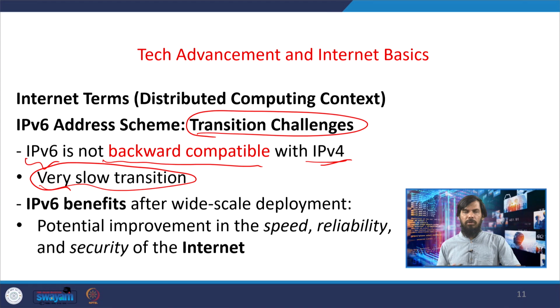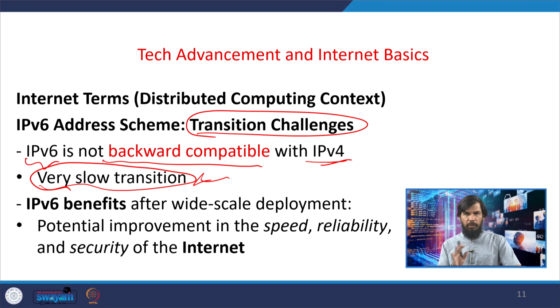As more and more services on the internet become IPv6 compliant, that can speed up this transition process, right. But still there are lots of web services over the internet which provide services only through IPv4. So, because of that the slow transition is there.